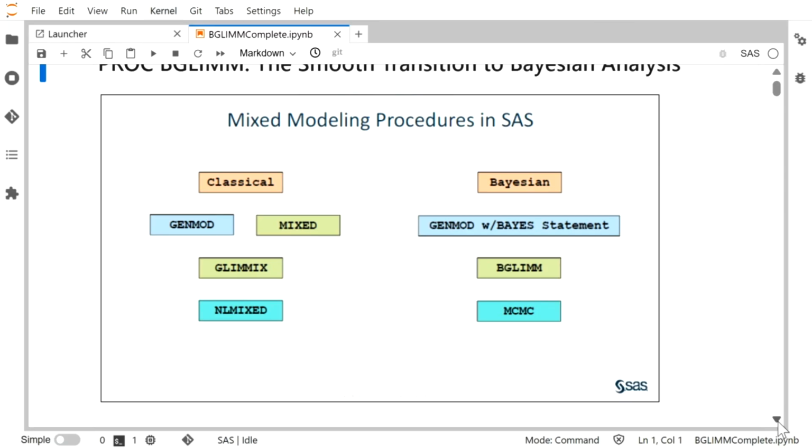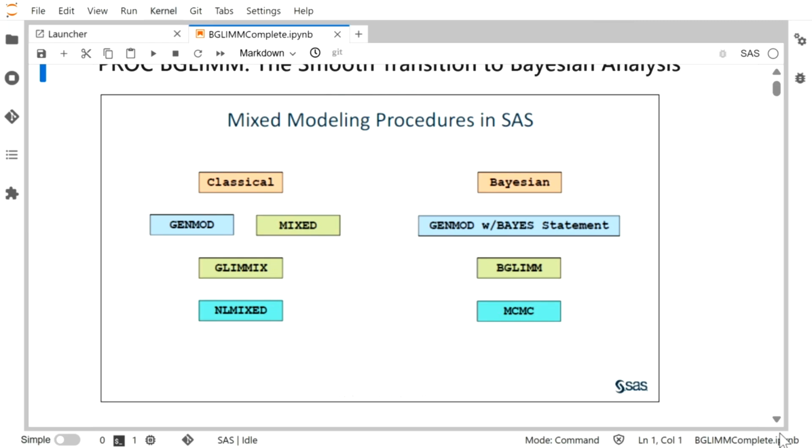So the developers believed that there needed to be a middle ground. There needed to be something beneficial that would alleviate some of those issues from just a Bayes statement, but at the same time not force you to go into a very different type of coding structure like MCMC did. So they've created BGLIMM.